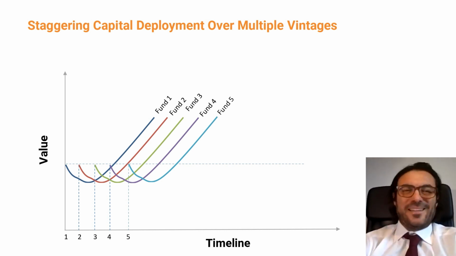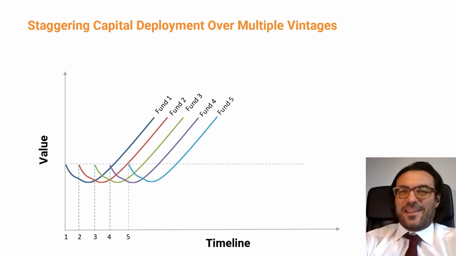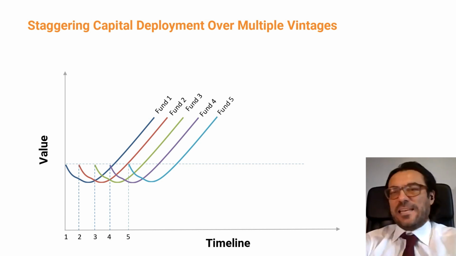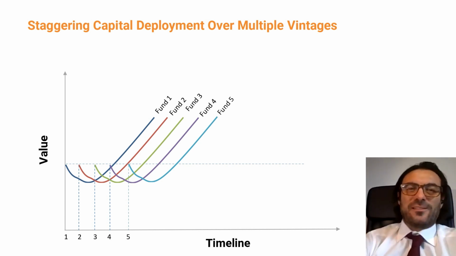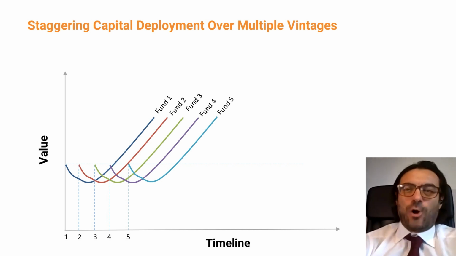But more importantly, because these are closed-ended funds, we are going to have a staggered exit over a 7, 8, 10 years period, because one by one, the fund will start maturing, and they generate an ongoing amount of liquidity.